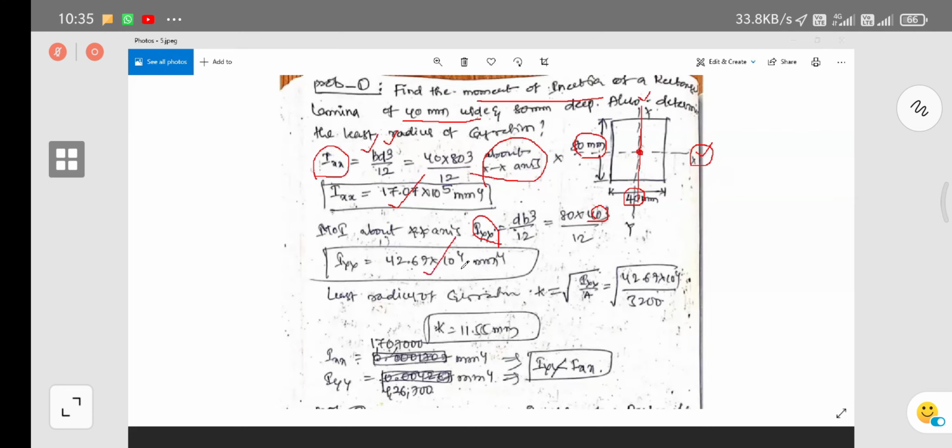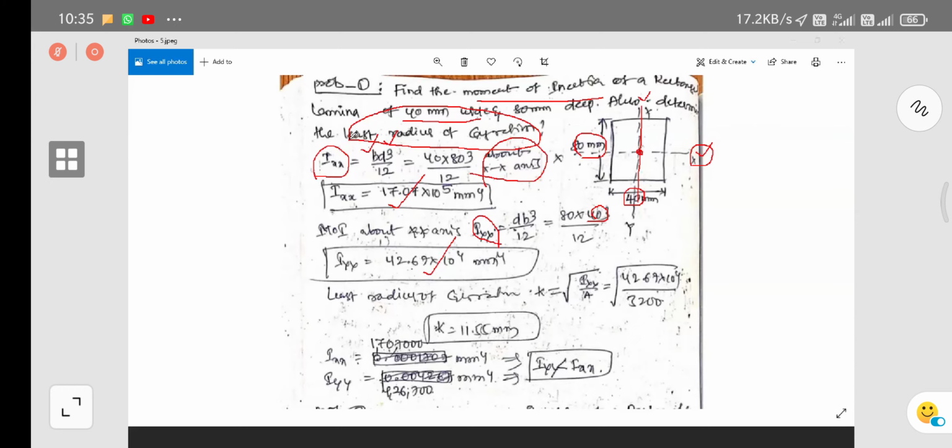So now the second thing is to find out the least radius of gyration. Least radius of gyration means the radial distance from that particular area should be less.